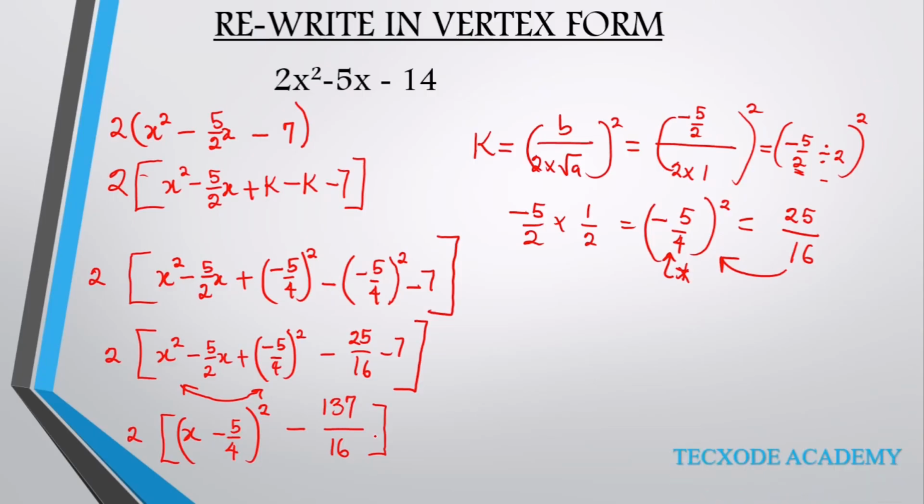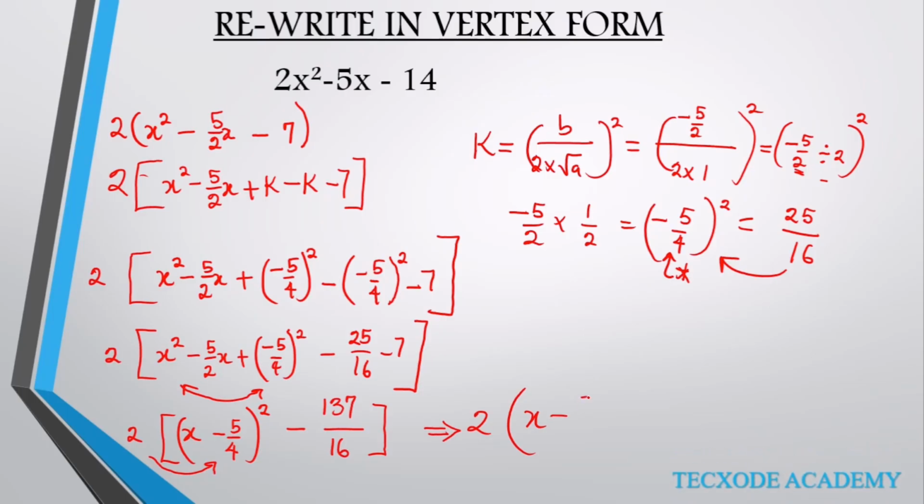And of course, this is in vertex form, but we have to expand the bracket to make it neater. So we're going to have 2 multiplied by this. I'm going to get 2 into that bracket, x minus 5 over 4 all squared.